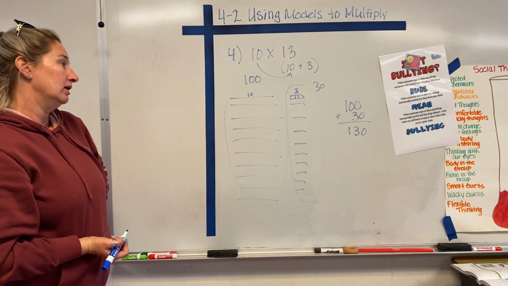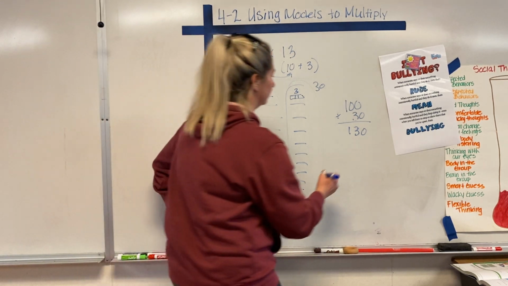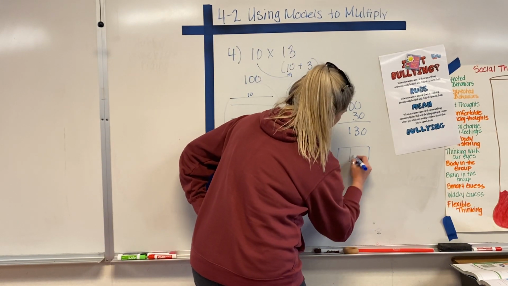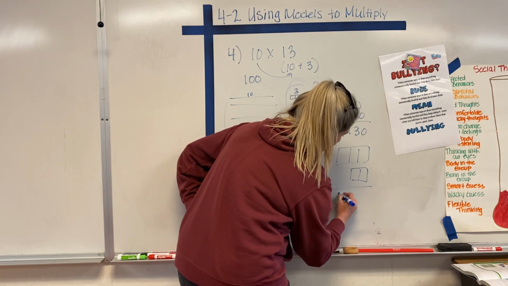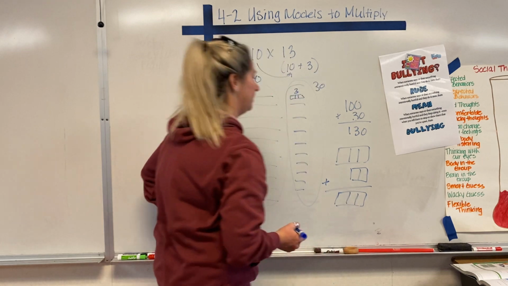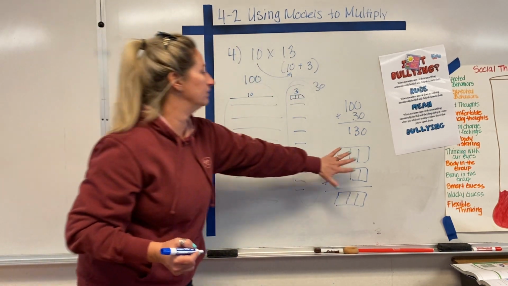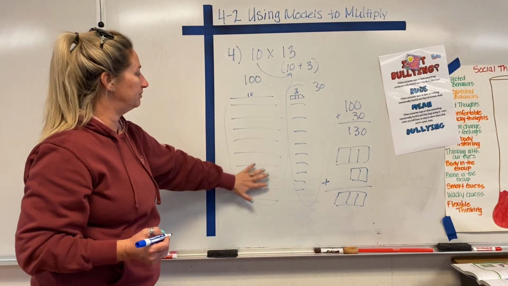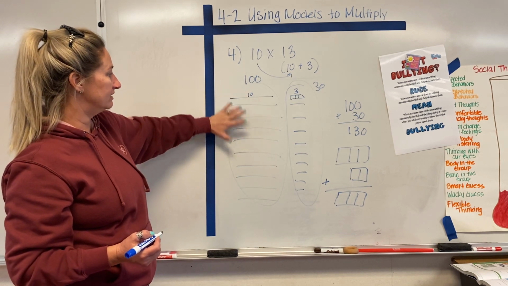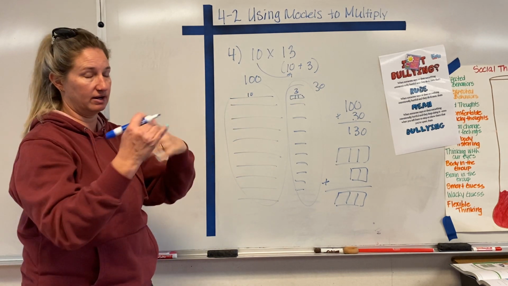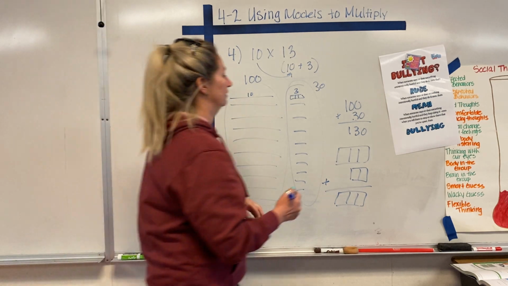Okay? Oh, well, they have the little boxes there. So if you were filling out the little boxes, here would be your hundreds. 10 tens. So, 10, 20, 30, count up to 100.